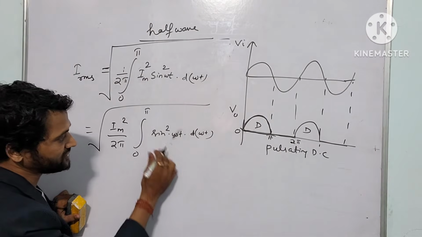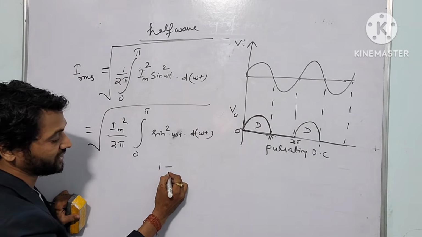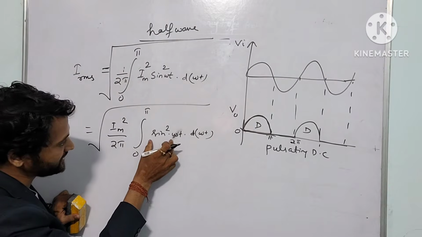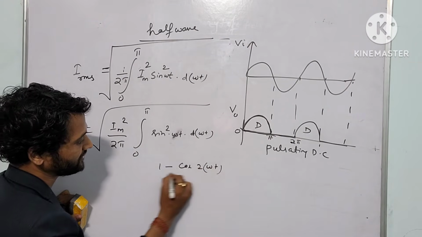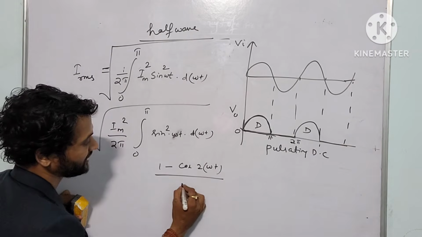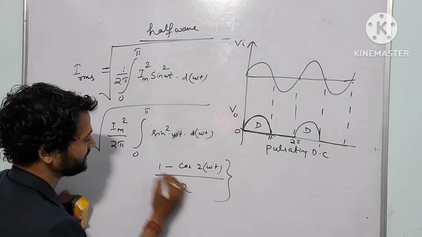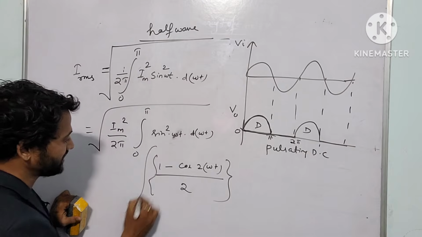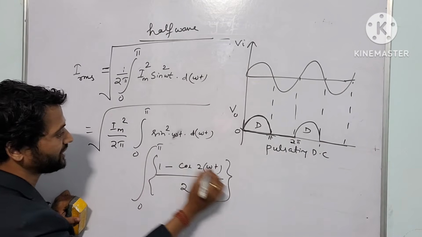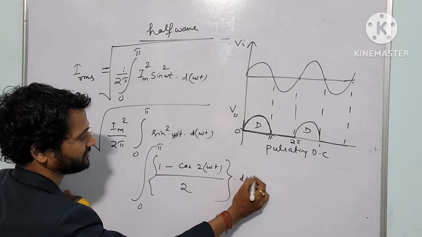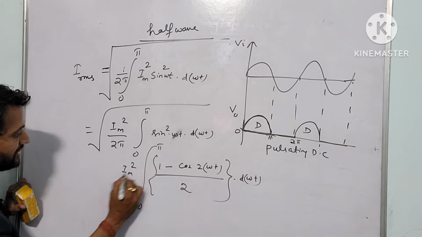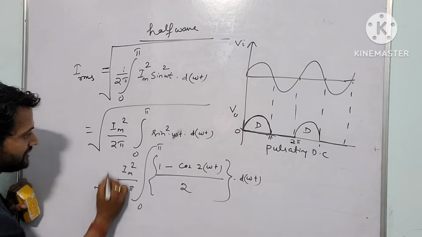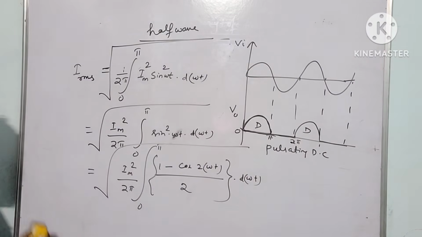Sine square theta is nothing but 1 minus cos 2 theta by 2. So I can write in place of sine square theta, 1 minus cos 2 theta by 2, right? So we are integrating this function from 0 to pi with respect to d omega t, and then here it will be Im square by 2 pi under root, right?